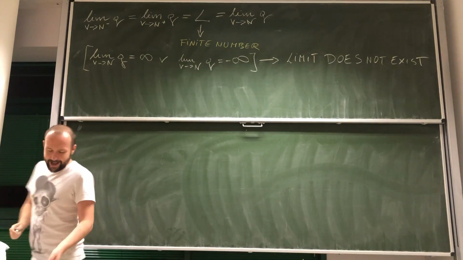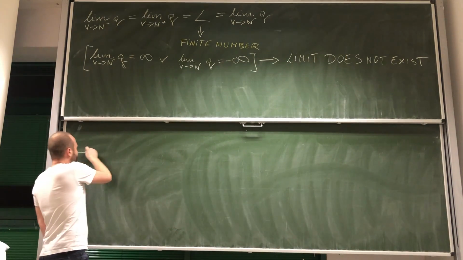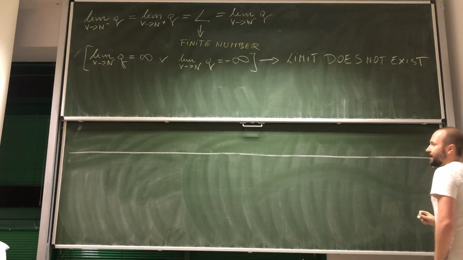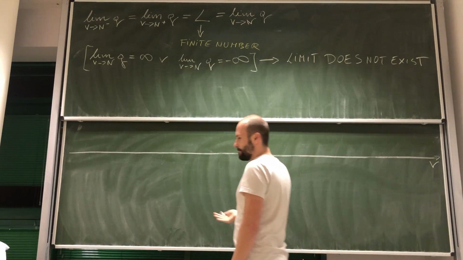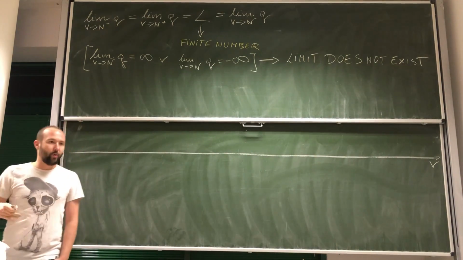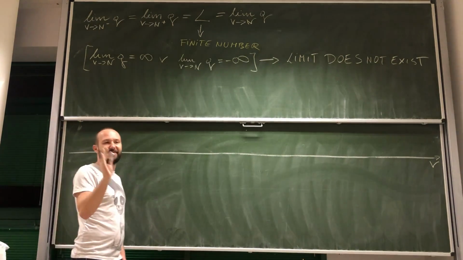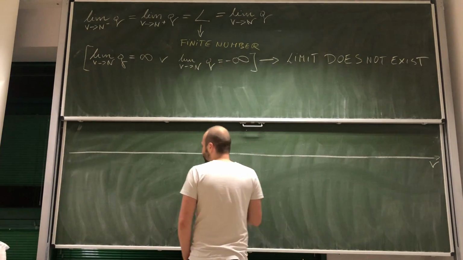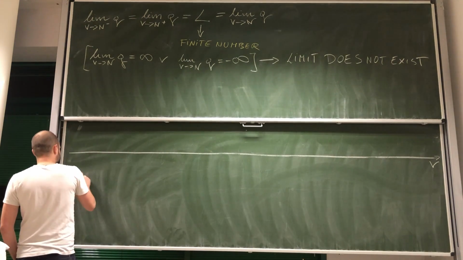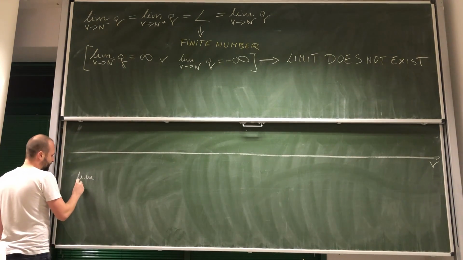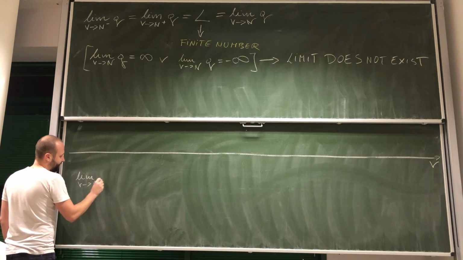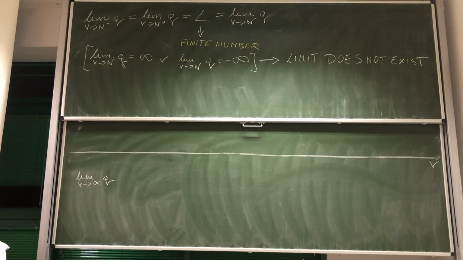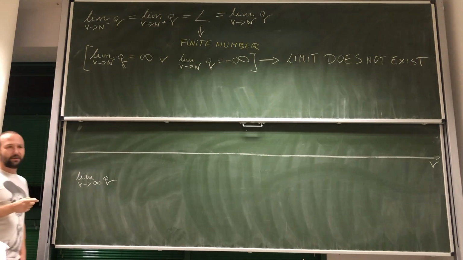Okay, and look, so let's just say that here we've got the v axis, right? And look, our n doesn't need to always be a specific constant. For example, let's just say that I want to calculate the limit with v approaching infinity of q. Okay, now look, where is infinity over here?